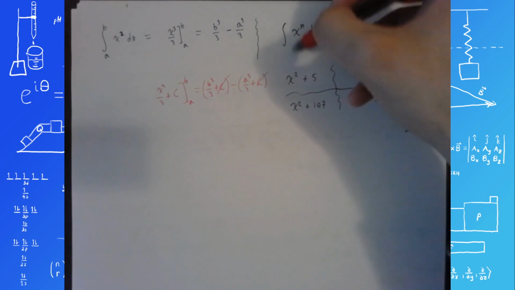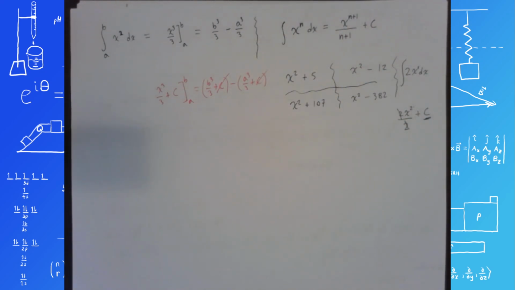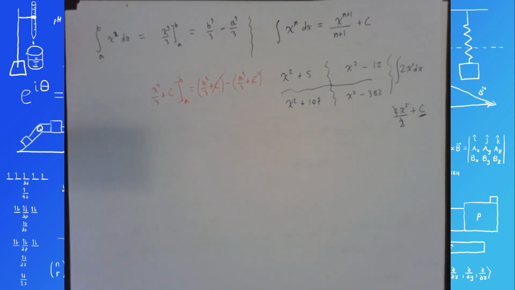But if you have an unbounded integral, if you don't know what your integration bounds are going to be ahead of time and you're just trying to derive a general function, you need more information. Otherwise, you have to put your ignorance on display by including that plus c.